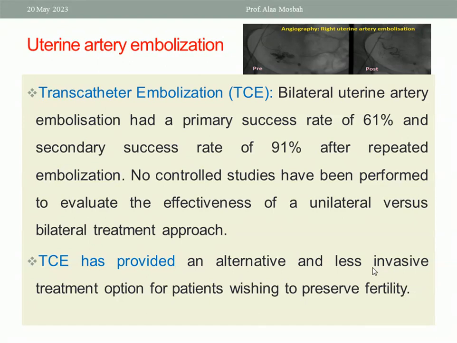Although up till now we don't know what is the effect of uterine artery embolization as regards the fertility of the woman and the endometrial receptivity, if there is any effect or not. It is not clear up till now. It is a matter of research in the future.